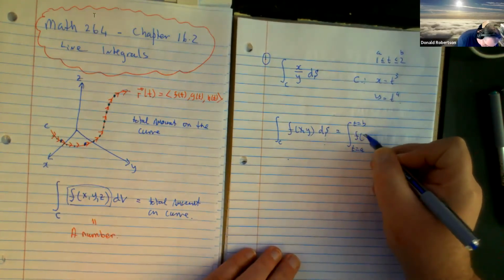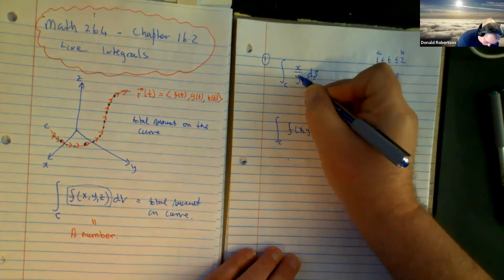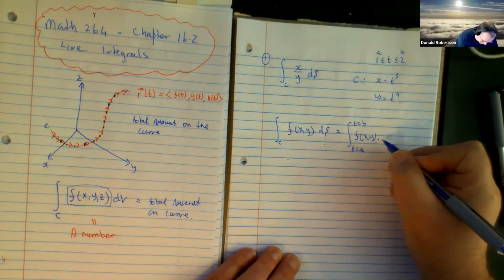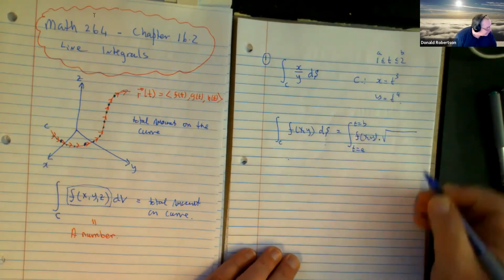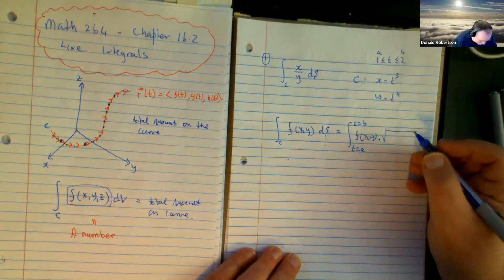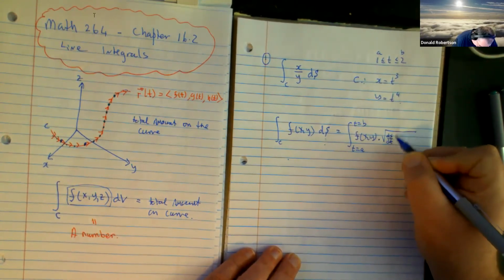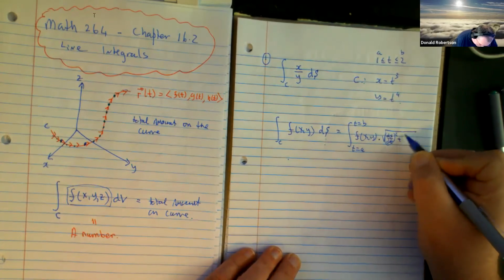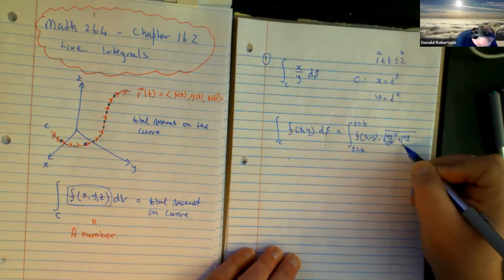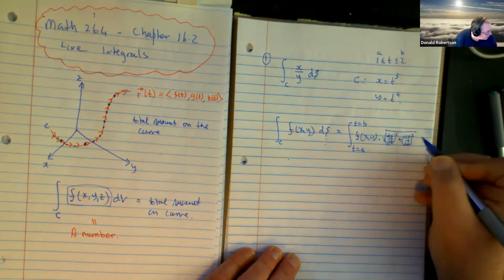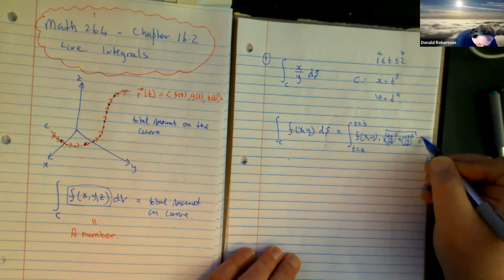The function, that's this guy, times the square root of (dx by dt) squared plus (dy by dt) squared, dt.